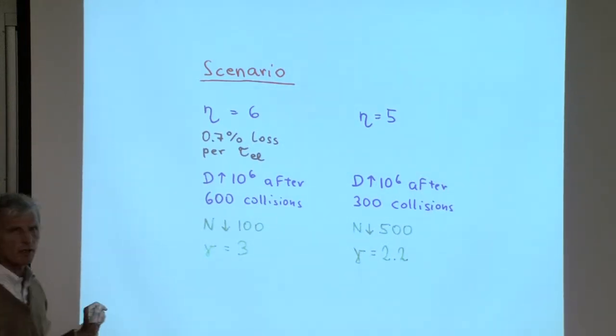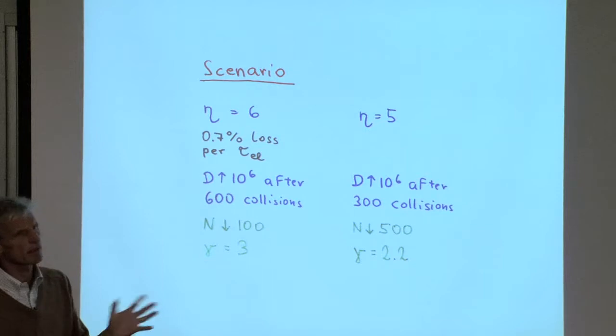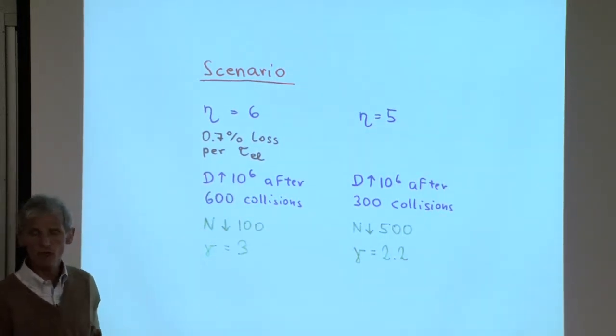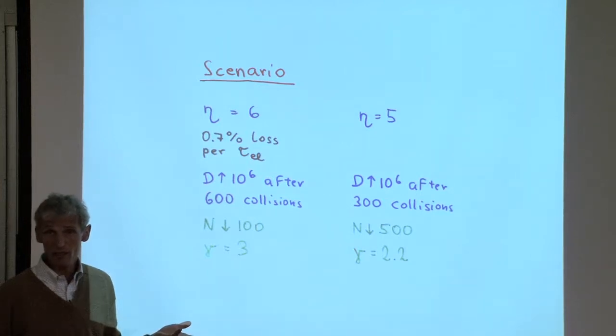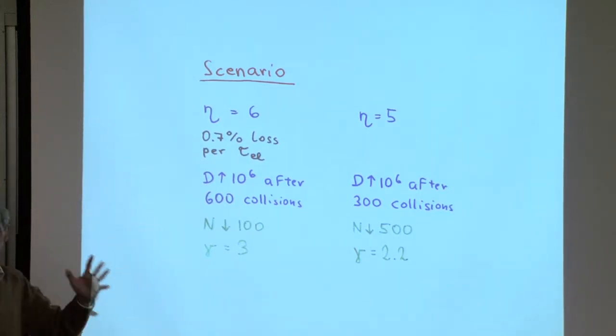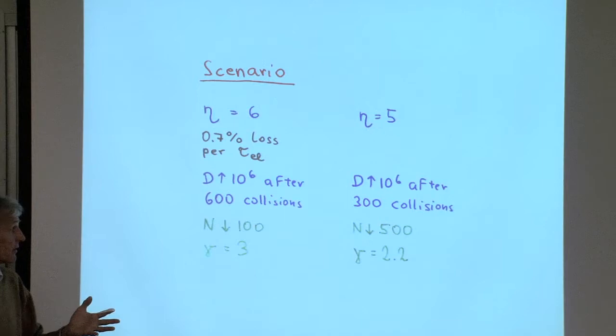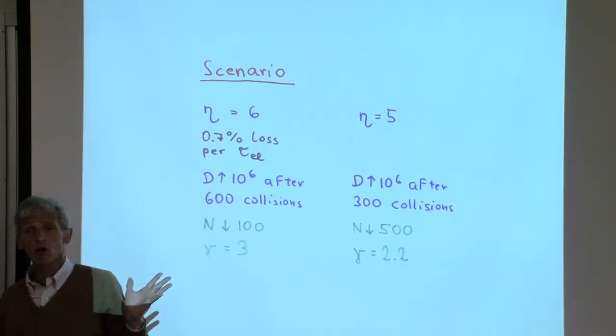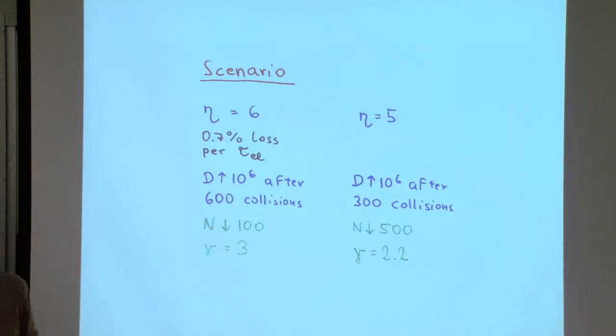In standard laser cooling schemes, you are typically 6 orders of magnitude away from quantum degeneracy. And this tells you how evaporative cooling can get you there. You should expect to lose approximately a factor of 100 in the number of atoms. And that's what it takes you to go from laser cooling to quantum degeneracy.